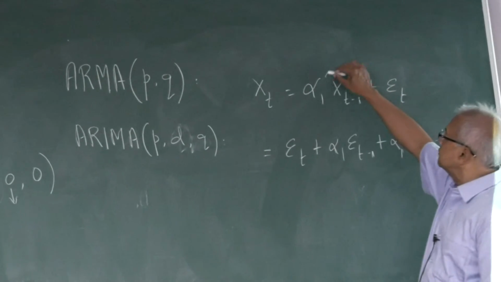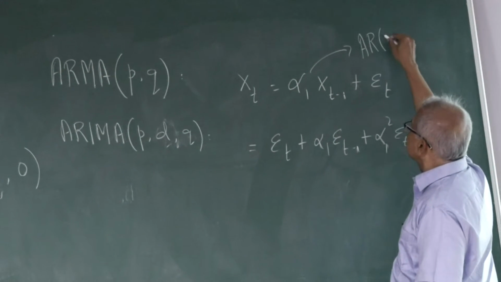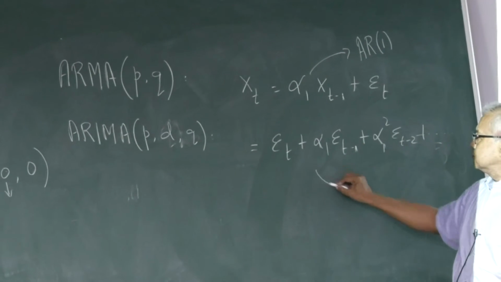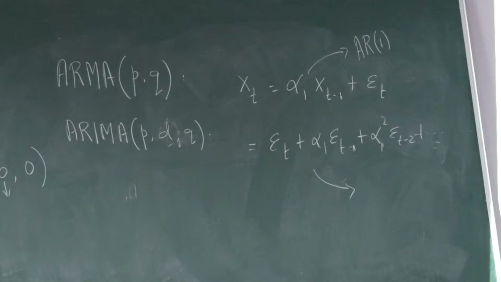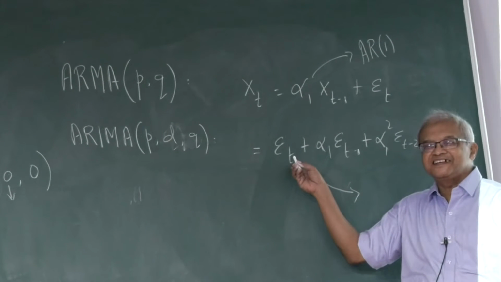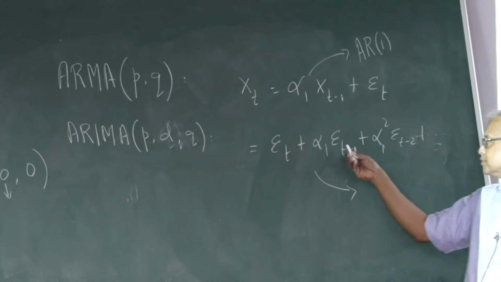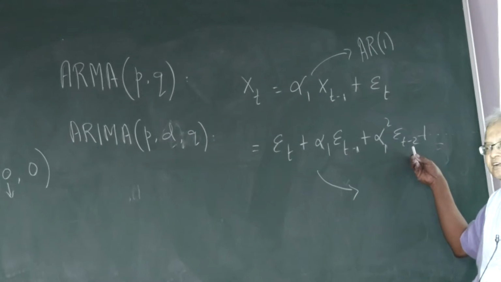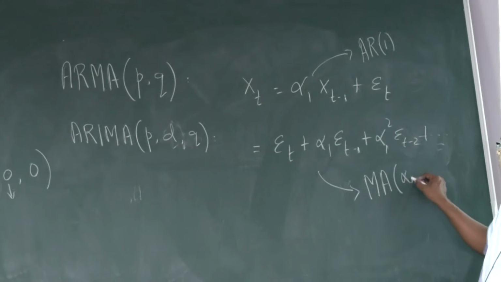This is what? This is an AR1. What is this? If I write this, what does it look like? Epsilon t minus 1, t minus 2, etc. It's an MA infinity.